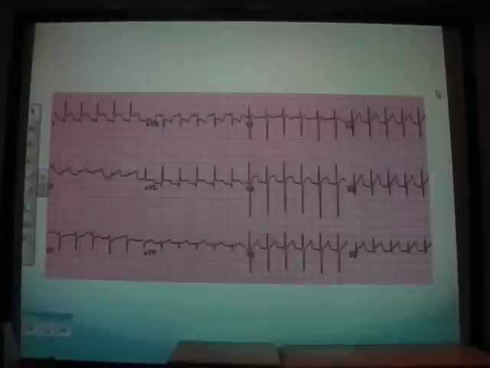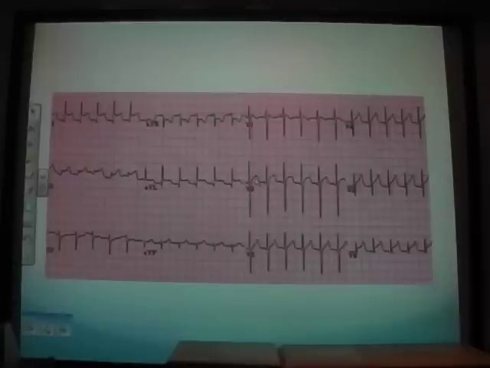No. So what we've got here is saddle-shaped ST elevation. If I say saddle-shaped, what do you think? Pericarditis, brilliant. So he's got ST elevation, not only in lead 2, lead 3's not huge, a little bit in aVF, so inferiorly.